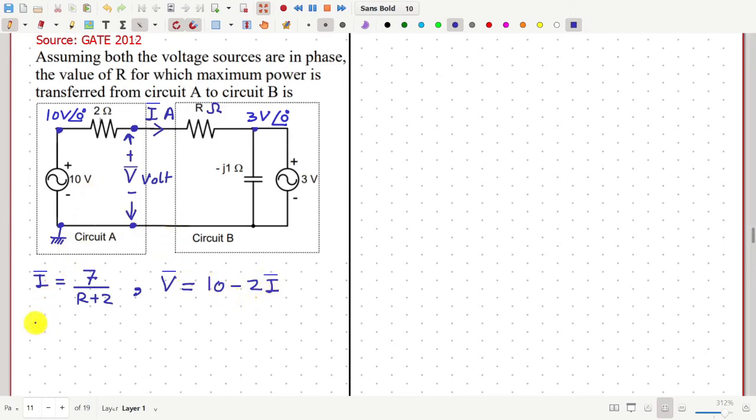Then the power transferred from circuit A to B will be equal to the product of this voltage V and current I, V into I, that is in watt.